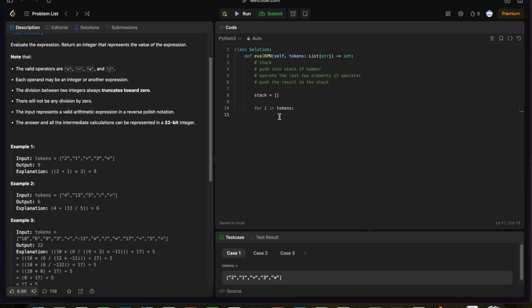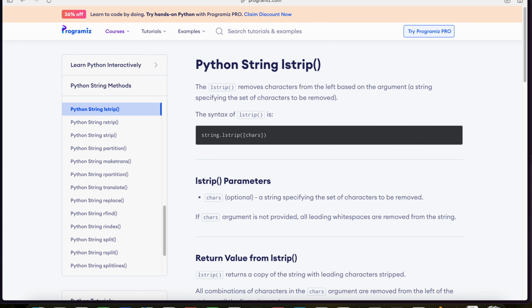So if i dot isnumeric. The isnumeric does not handle negative values, so we have to use another function that is called lstrip. What lstrip does is remove from the left side. So we remove the negative sign from the left side and then check if it is numeric, and if it is numeric, then we can append.